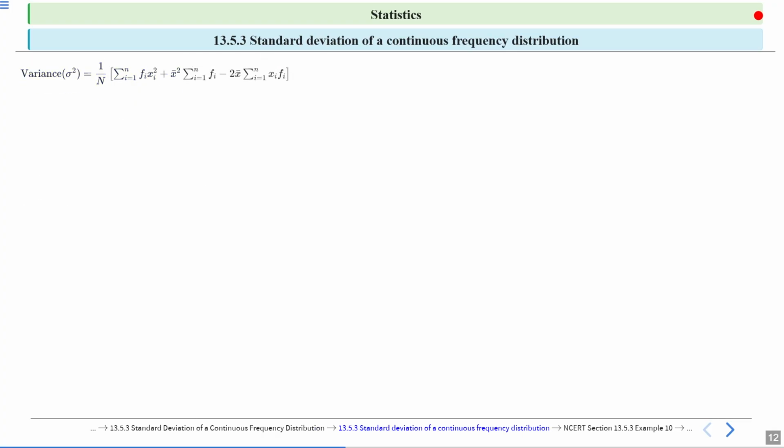The variance sigma squared is written as 1 divided by n times the summation from i equal to 1 to n of fi times xi squared plus x bar squared times the sum from i equal to 1 to n of fi minus 2 times x bar times the sum from i equal to 1 to n of xi times fi.